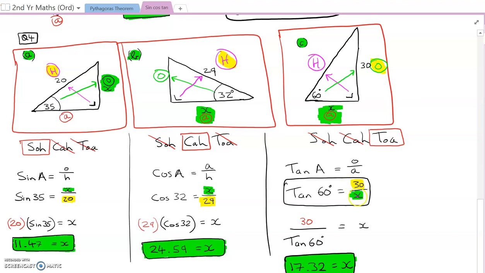When you get x on its own here, we're actually moving the thing that's on the top over to the other side. And when you move the thing that's on the top over to the other side, it stays on the top. So that's what you would have got there. Whereas over here you see we're moving the thing on the bottom. When you move the thing on the bottom, it goes over to multiply. Little difference there with C, a little bit harder.